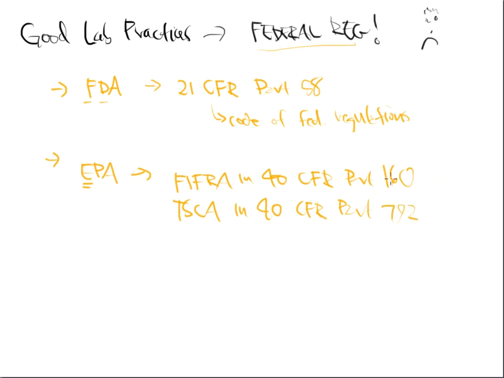We'll get to those a little later on in the course. But again, we're still looking at the Code of Federal Regulations. So even though this is the EPA, the GLP standards are still found in the same Code of Federal Regulations. This time, we're looking at 40 CFR Part 160, and up here for the FDA, we're looking at 21 CFR Part 58. So that's where they're going to be found.